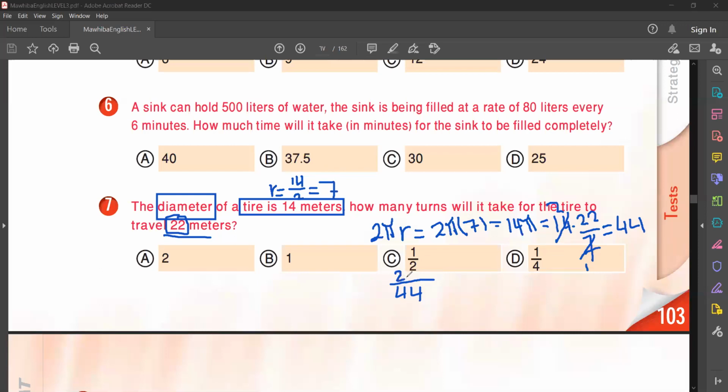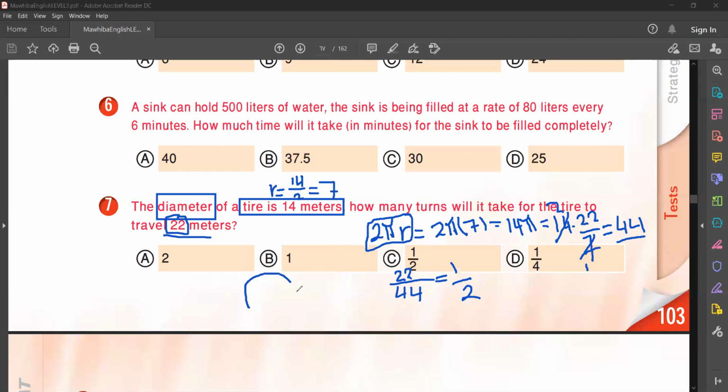So 22 meters divided by 44 equals half. So only half a turn, because the circumference of a circle is 44.